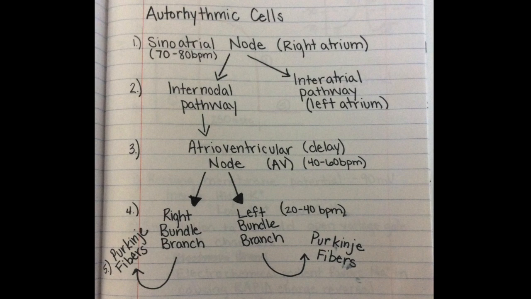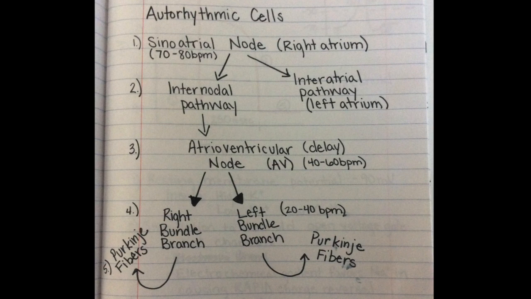The internodal pathway allows the impulse of action potentials to spread towards the ventricles. These action potentials result in the contraction of cardiac contractile tissue to generate a contraction of muscle to move the blood from the atrium into the ventricles.